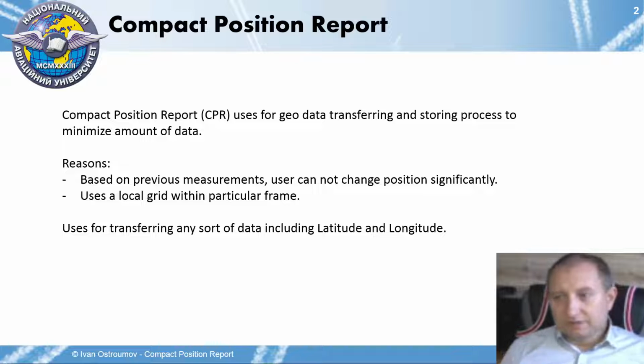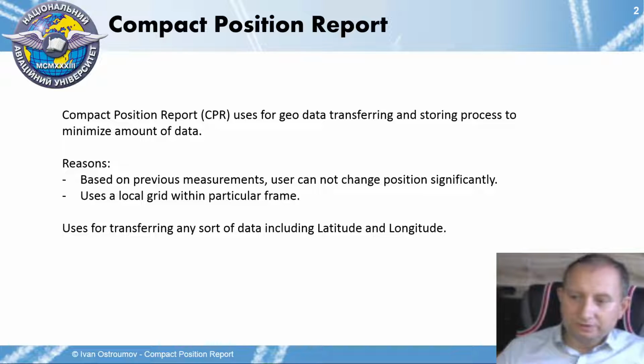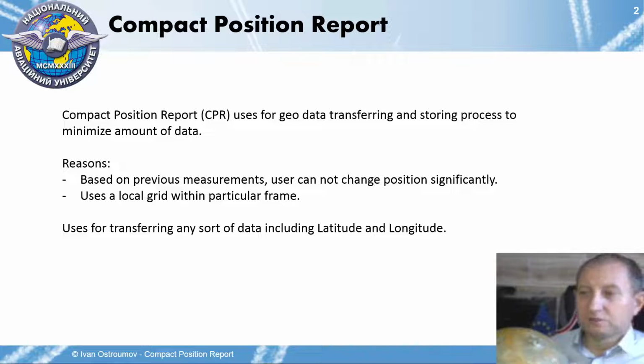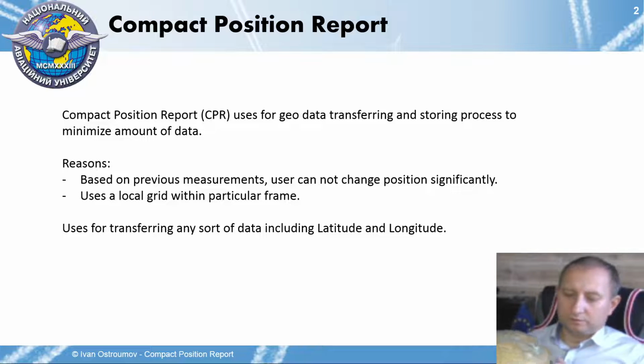Reasons to apply compact position report. First of all, you know that our vehicles cannot fly so speedy or cannot move so speedy if you talk about ground. And in this case, we cannot jump in one second or in one step for very valuable distances.